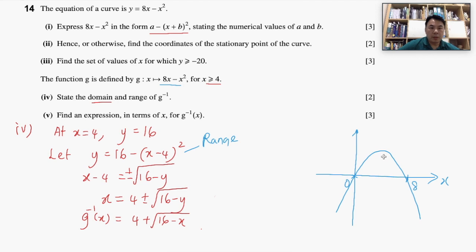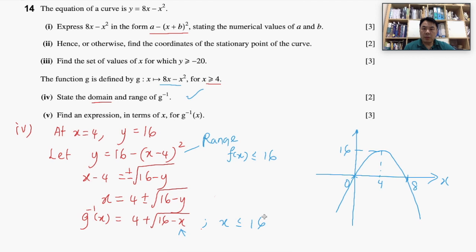This is a 4 here. The highest point is 16 here. So the range for f(x) is anything less than 16. Therefore, the domain here must be anything less than 16. If you think logically, it can't be anything more than 16 there. So there you have it. That's the answer for that.